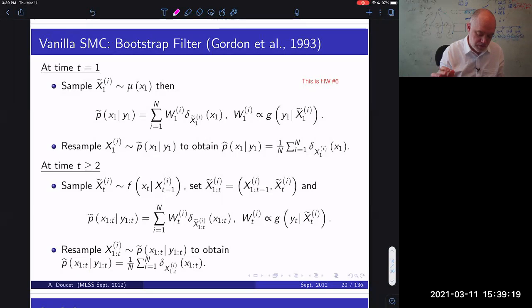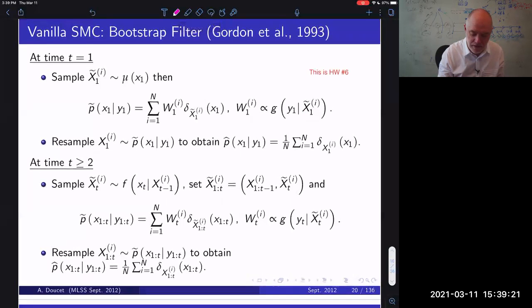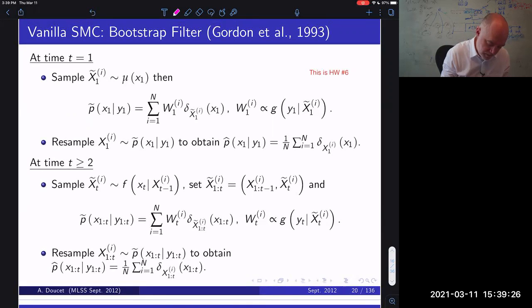But the main point is that you can think state space model, and you're going to get an estimate of this joint posterior distribution out of sequential Monte Carlo, right? And it recursively importance samples, then resamples, and then importance samples, then resamples, so on and so forth.